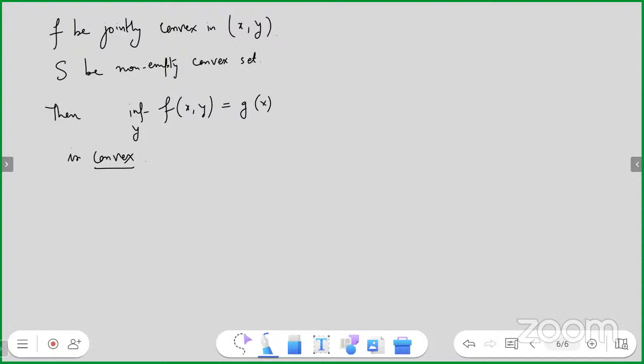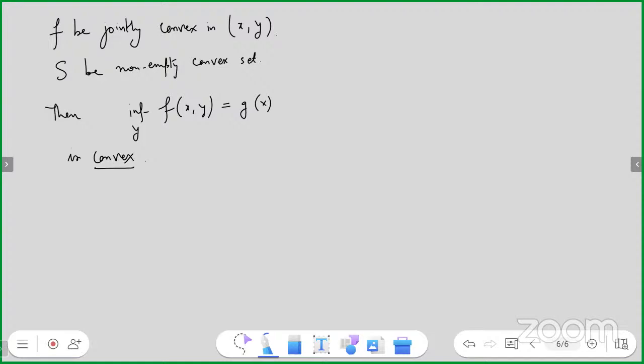This exactly fits our bill. What we wanted to prove is a special case of this. Projection is over a convex set, and minimum distance is nothing but f equal to norm of x minus y.